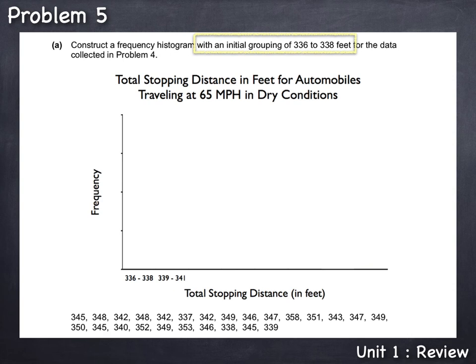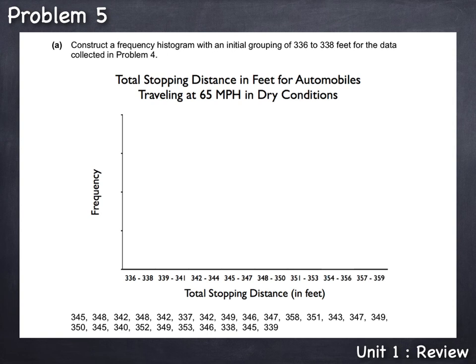The next group, after 341 feet, starts at 342 feet. And grouping them by 3, we have 342, 343, and 344. And we continue this pattern for the rest of the scale here. So if this group ends at 344, the next group starts at 345, and so on, grouping them 3 by 3 by 3.